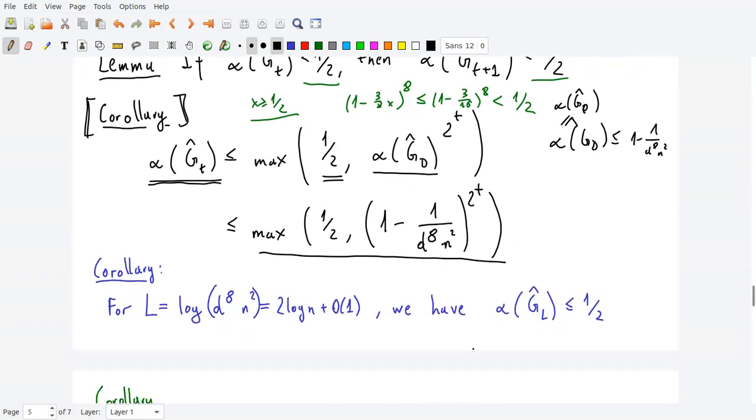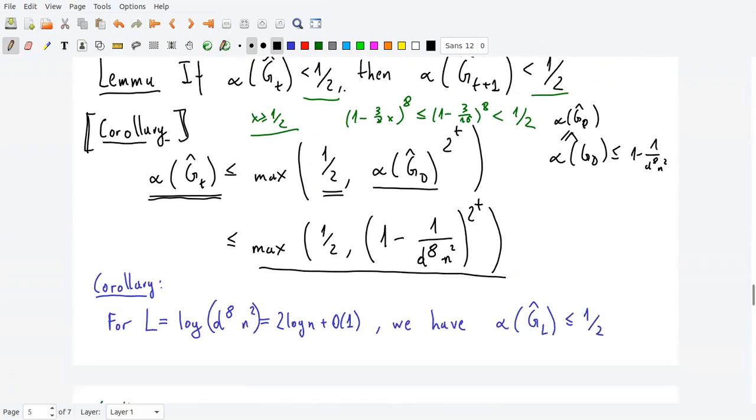So this means that if I apply this many iterations, logarithm of d to the 8 n square iterations, then what I have here is the maximum of 1/2 and 1 minus 1 over d power 8 n square, to the power 2 to the logarithm of this, so just d to the 8 n square.